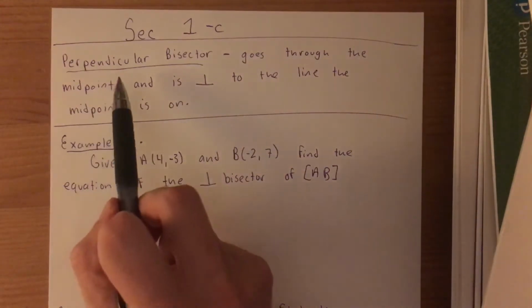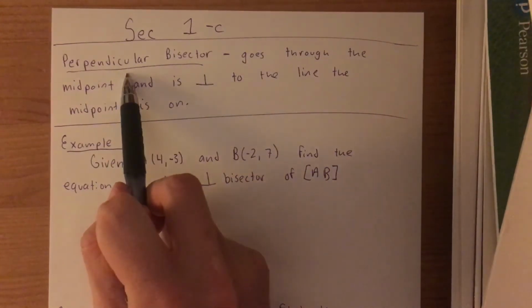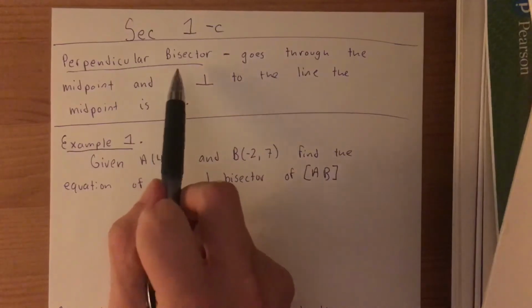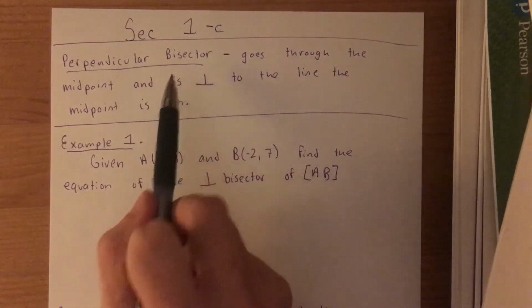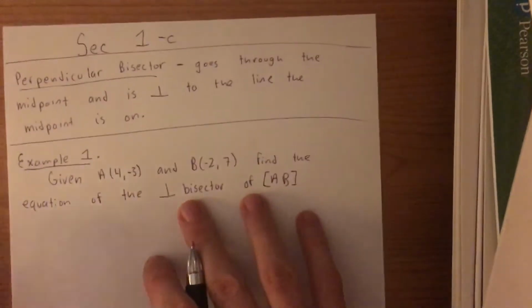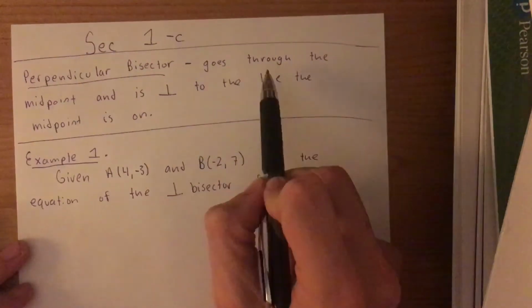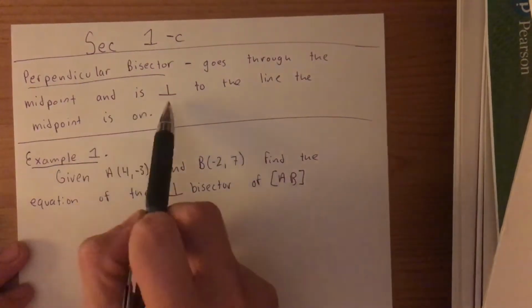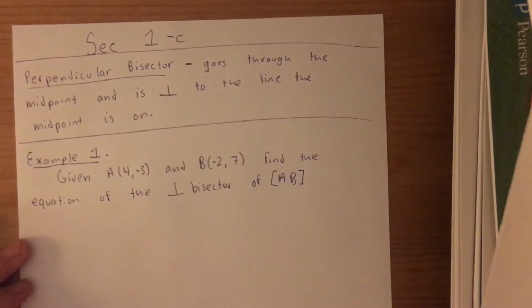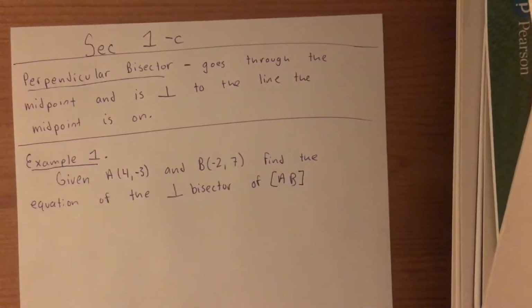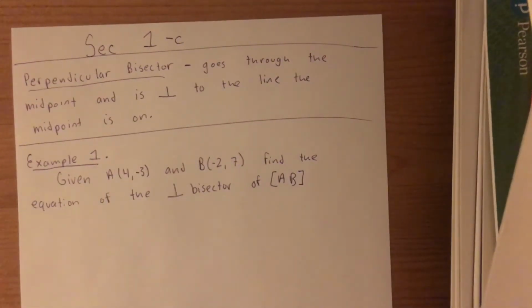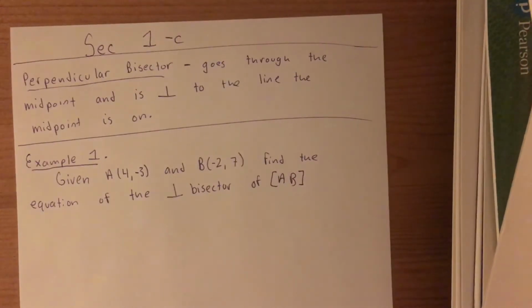So we're going to be dealing with something that is perpendicular, it creates a 90-degree angle, and it cuts something into two. So specifically that definition says it goes through the midpoint and is perpendicular to the line that the midpoint is on. Those are the two characteristics of a perpendicular bisector.